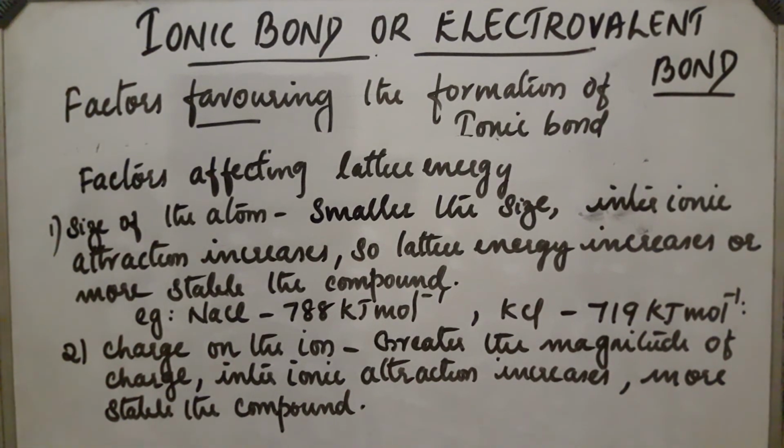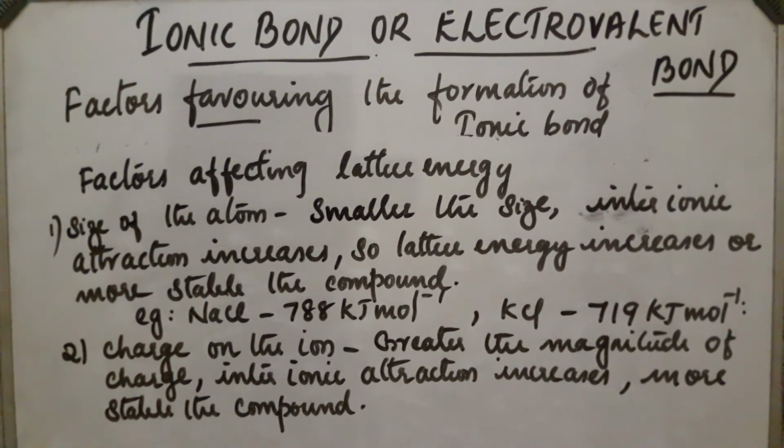So in short, we can say what are the different factors which affect the ionic bond. First one is ionization energy. Greater the ionization energy, easier will be the bond formation. Second one, electron gain enthalpy. Greater the negative value of electron gain enthalpy, or we can say electron affinity, easier will be the bond formation.